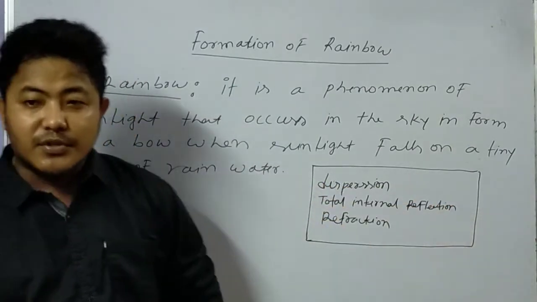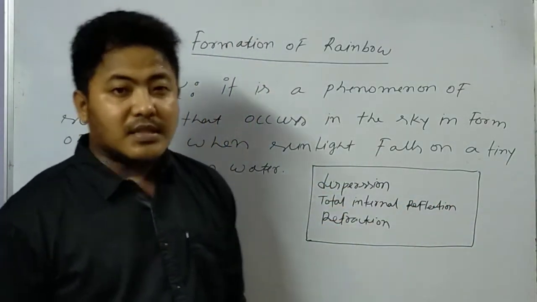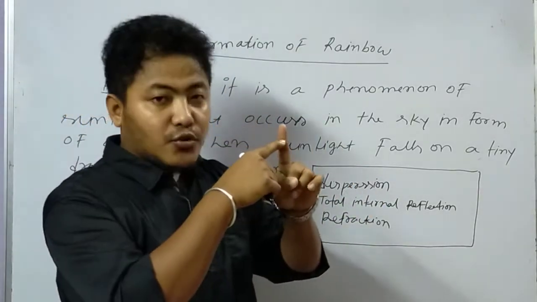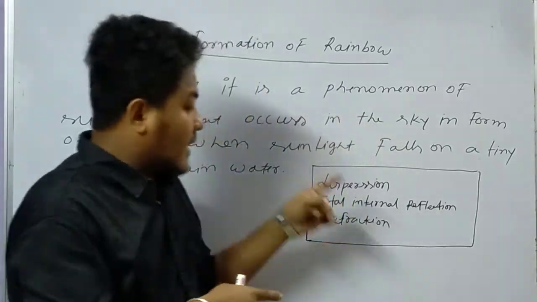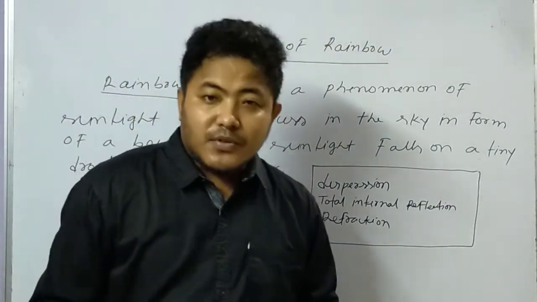These are the three processes we go through once the rainbow is formed in the sky. Am I clear? So this is the basics about rainbow.